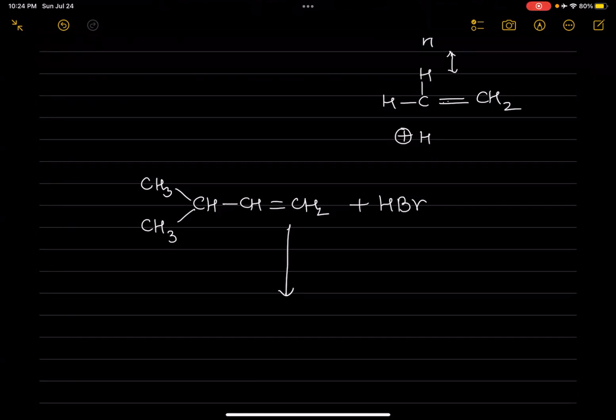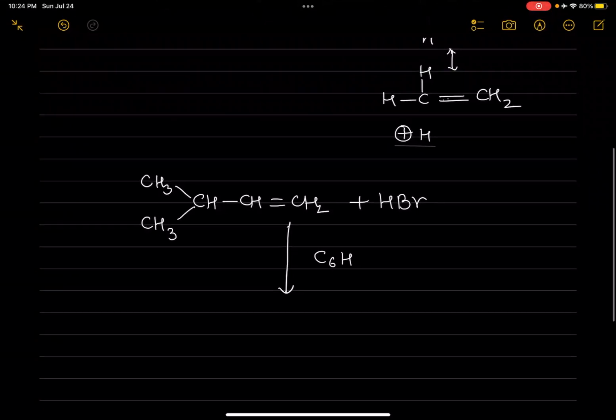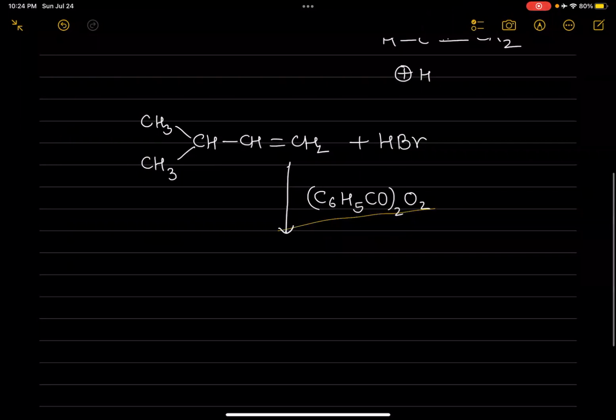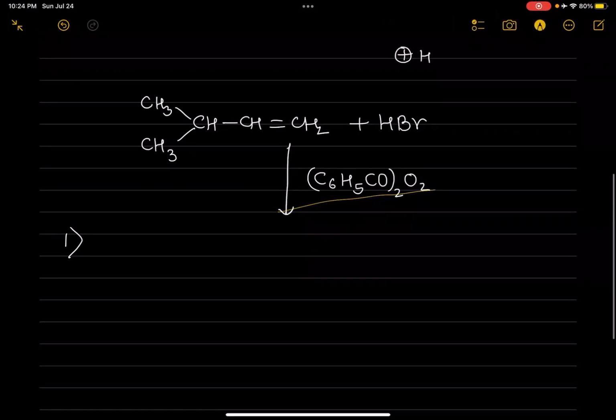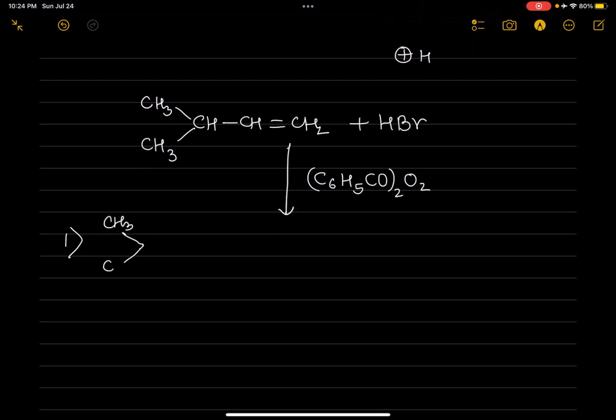Such questions, but with a different structure, are given in JEE. So what is the major product of this reaction? Very simple question. I hope both of you can do it very quickly. I'm going to write the options for you.